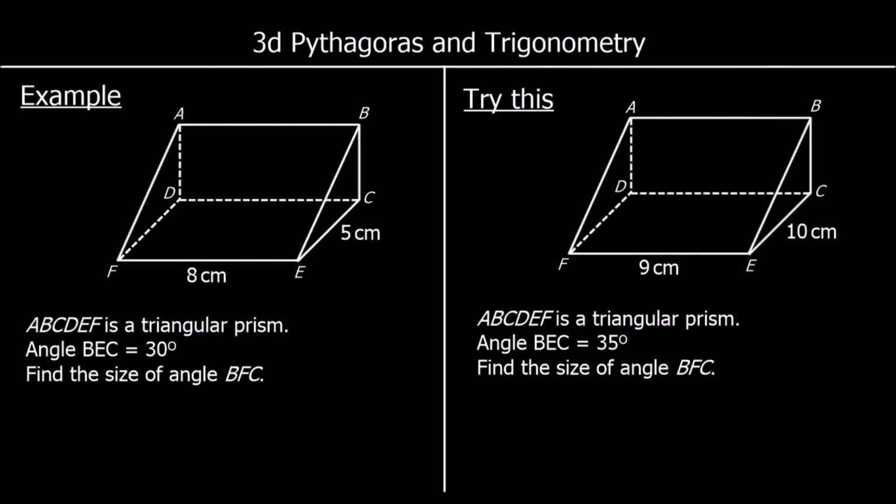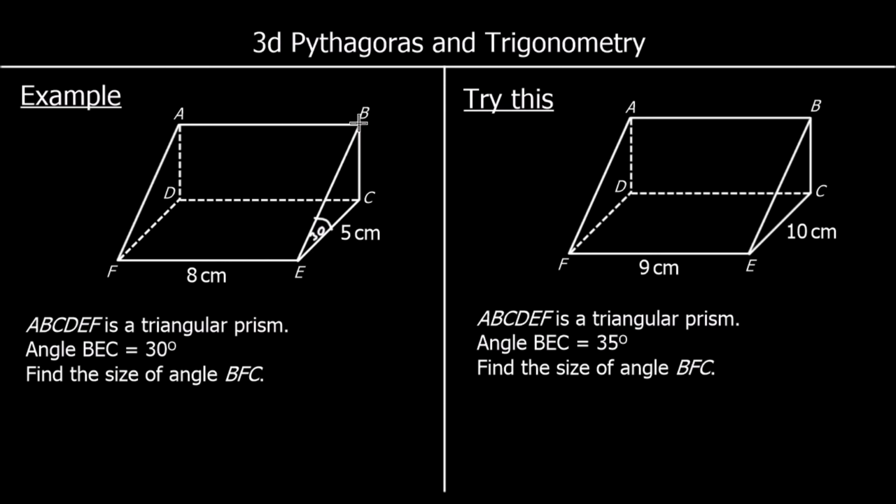And we've got one more example. This time, we are told the angle BEC is 30 degrees. We're still finding the size of angle BFC.